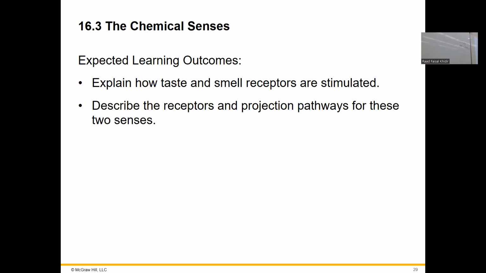Students think that the receptor is the transducer, that the receptor is the one that makes the transduction. It really isn't. It's your central nervous system that does this transduction.